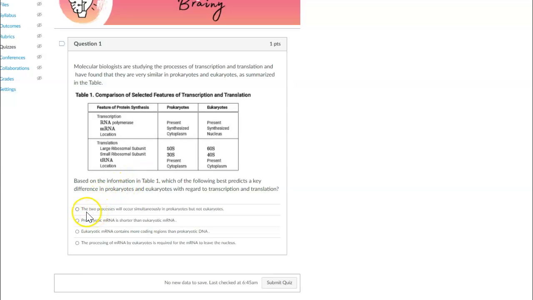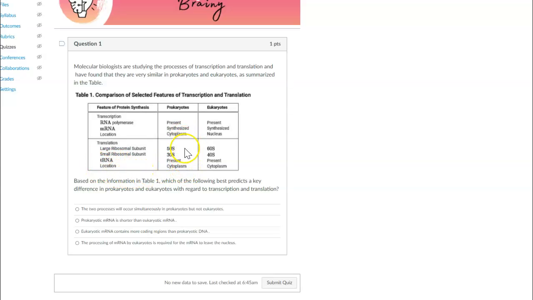And this one here says that the two processes will occur simultaneously in prokaryotes but not eukaryotes. Okay, now where do we get this information? Well, it comes from this line right here where it says where it occurs, the location. In prokaryotes, transcription occurs in the cytoplasm, and the location of translation is the cytoplasm.